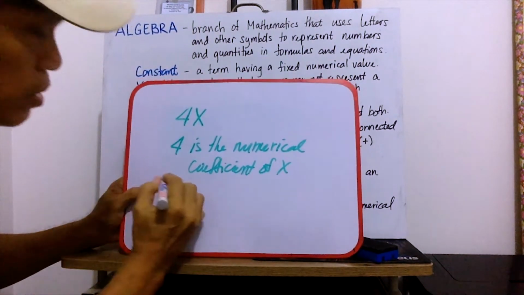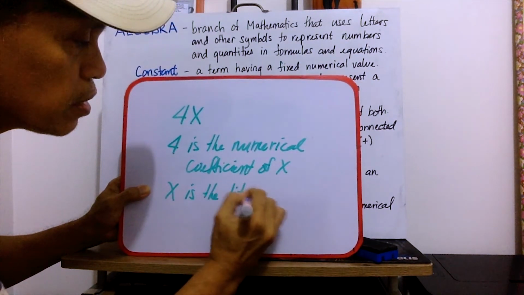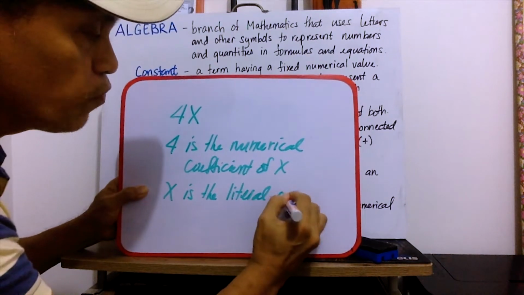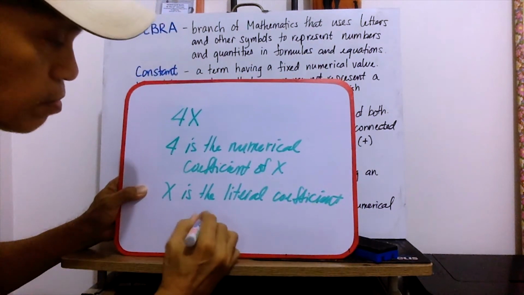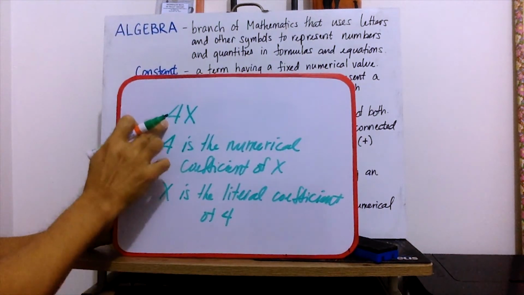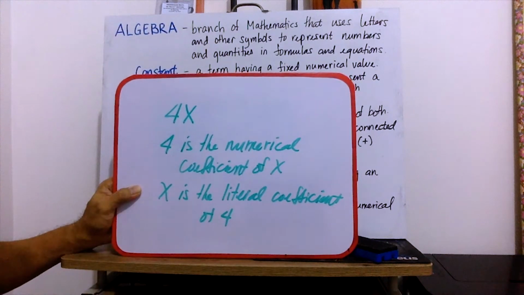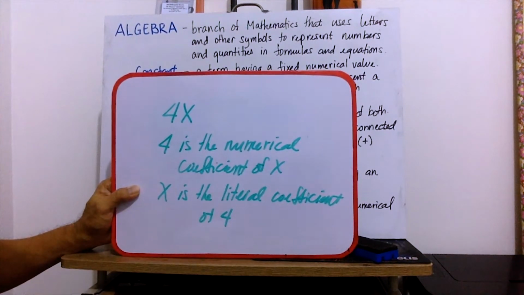Or I can say x is the literal coefficient of 4. Numerical coefficient, literal coefficient. The terms 4 and x are called factors. All right?